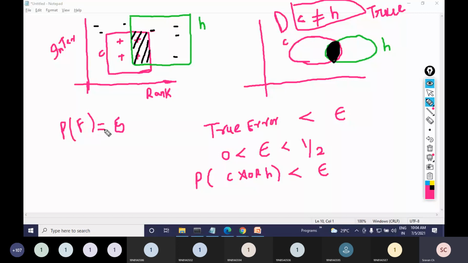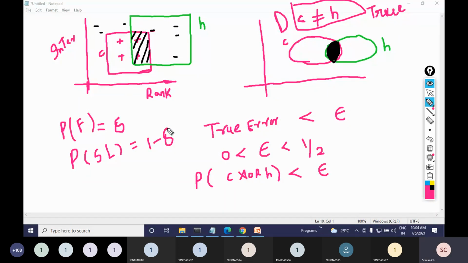It means that the probability of successful learning, SL, must be equal to 1 minus delta. If probability of failure is delta, then the probability of successful learning will be 1 minus delta, right?